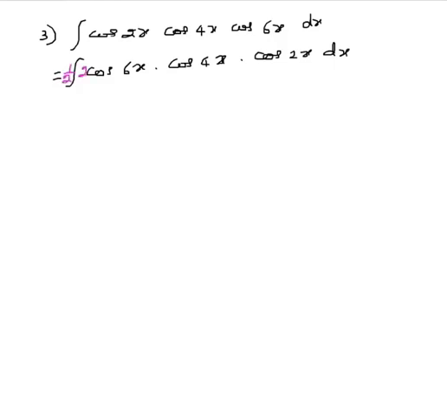Multiply and divide by 2 and use the formula of 2 cos A cos B. 2 cos A cos B is cos of A plus B plus cos of A minus B.